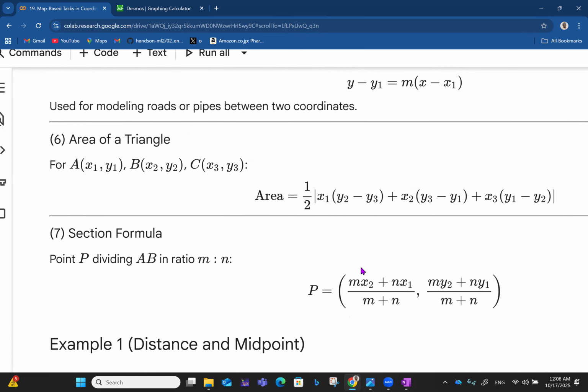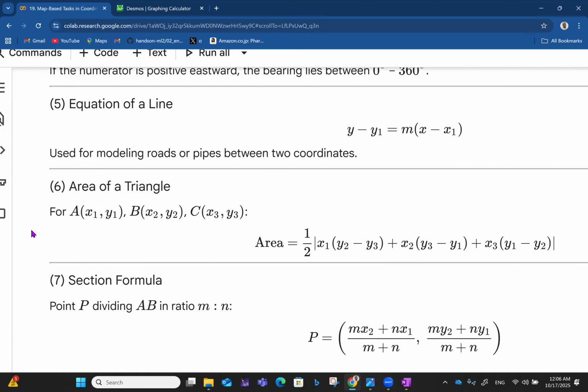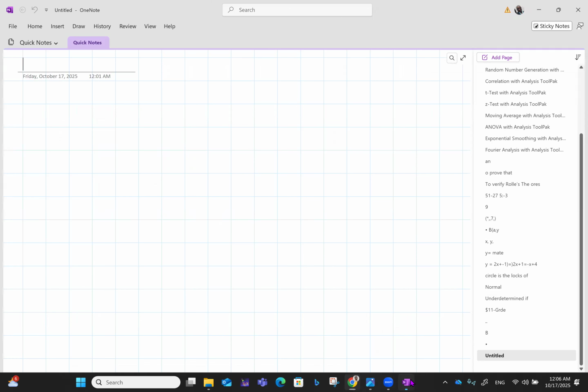Then we have the area of a triangle. If you have a triangle with vertices A(x1, y1), B(x2, y2), C(x3, y3), the area, like we've always seen, is 1 over 2 times the absolute value of x1(y2 minus y3) plus x2(y3 minus y1) plus x3(y1 minus y2). The easy way to do that is to put it in matrix format, as usual.